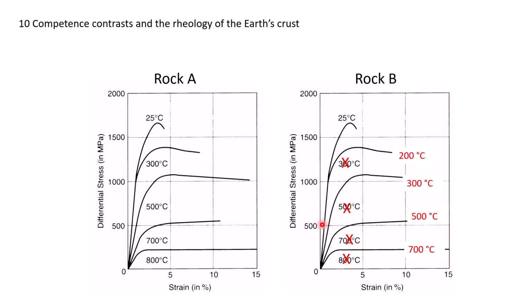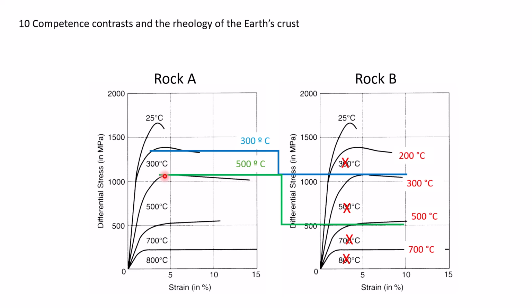And if we compare the behavior of rock A and rock B, we would see that at 300 degrees Celsius, rock B requires a lower differential stress to undergo strain. The difference is even larger at 500 degrees Celsius.